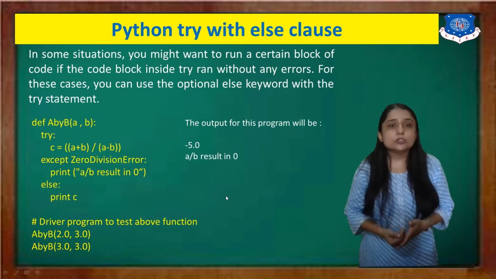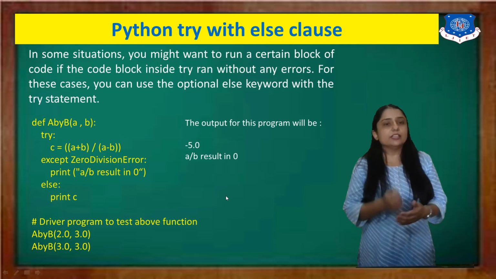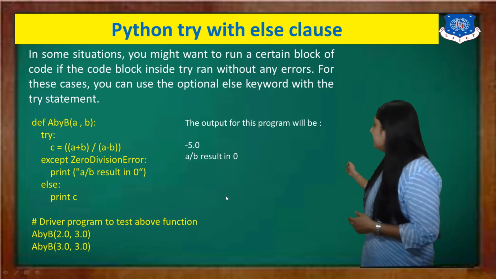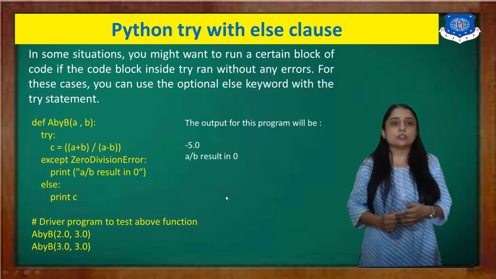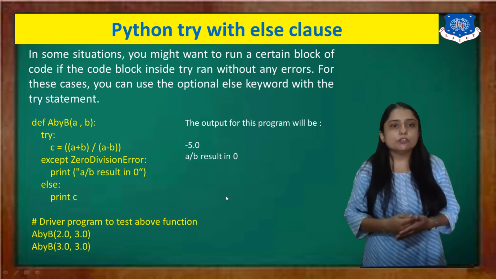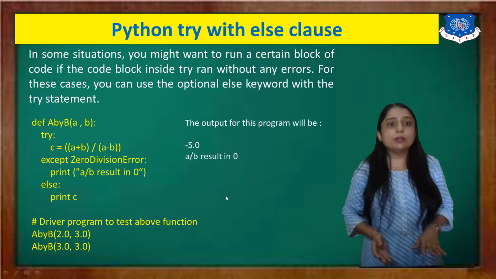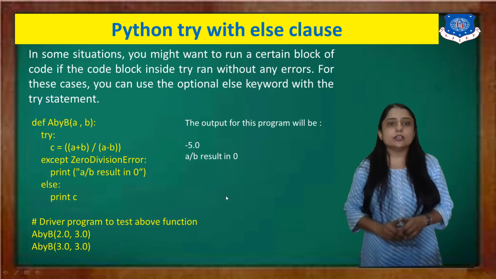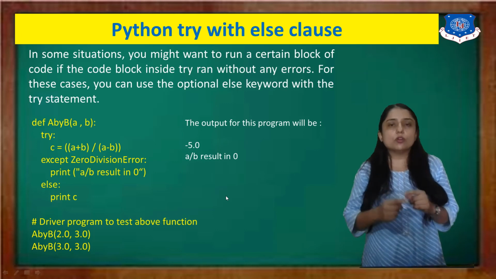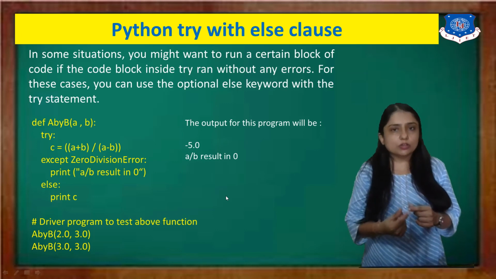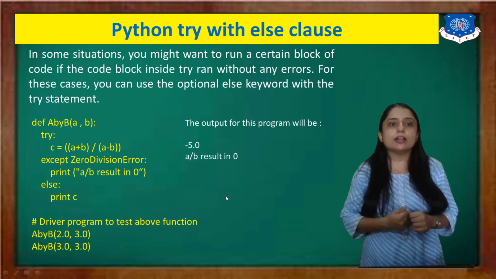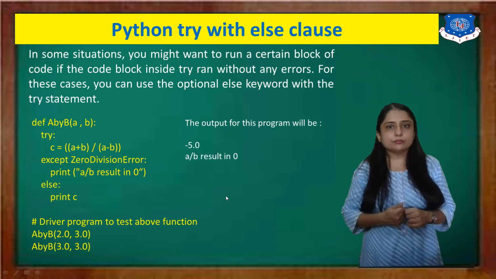So it leads to the zero division error. Yes, in this particular case I have an exception, so my program jumps to the except ZeroDivisionError and prints 'a by b result is a 0'. Whatever message you want, you can write inside the print.